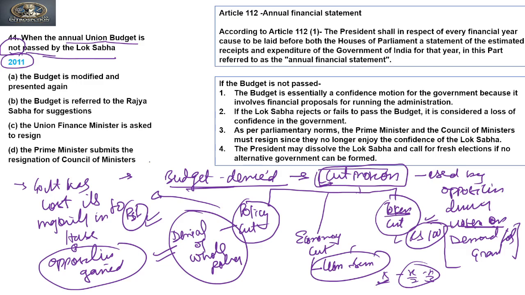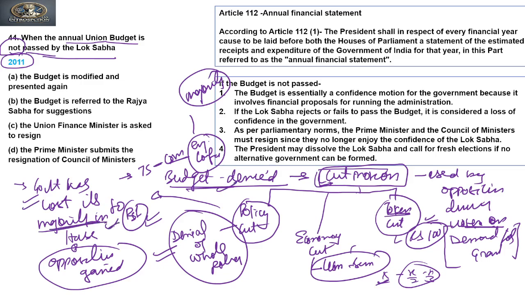And we know that according to Article 75, the Council of Ministers will remain in office till they enjoy the confidence of the house. And confidence of the house means they enjoy the majority. So the failure of the government budget means that the government has lost its majority. So this means that the government has to resign from the office.